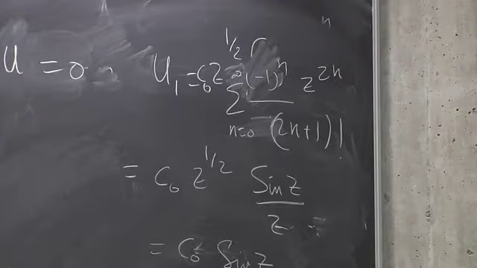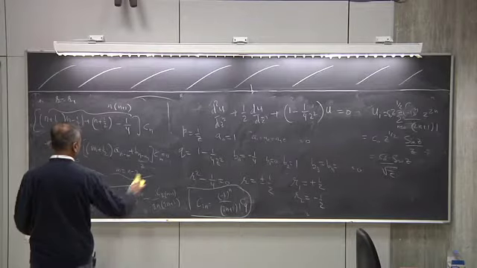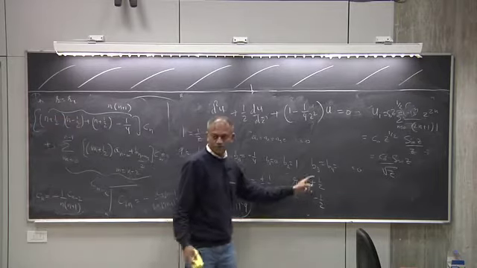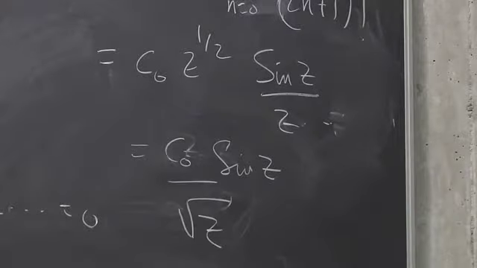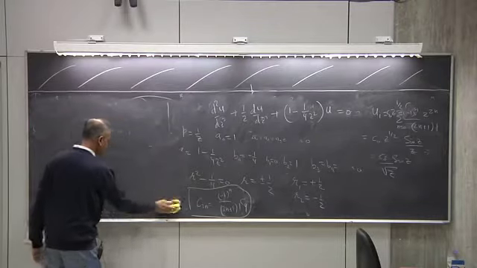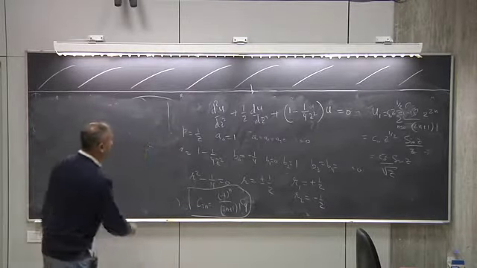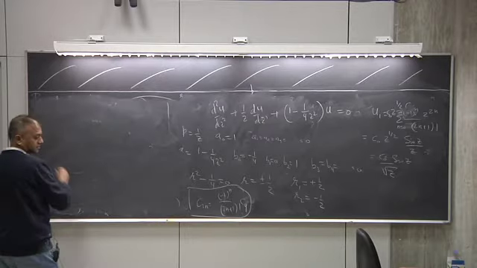And now we need to look at the second solution. Again, because the difference is an integer, we need to use the method of variation of constants. So again, let's write. Actually, what was the equation?